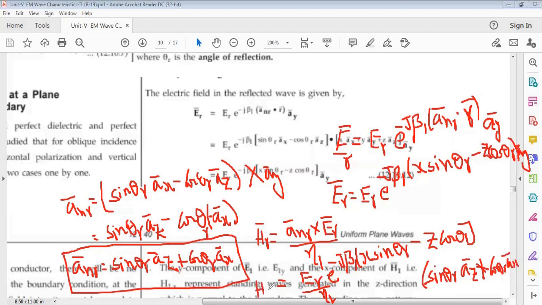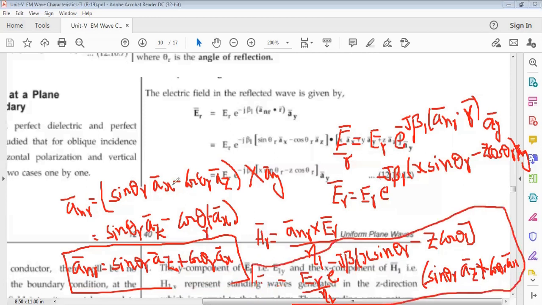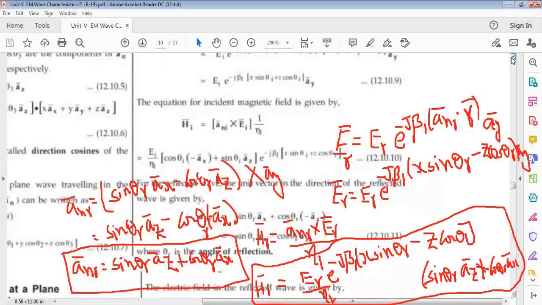Nothing but HR bar is equal to the total function. Without applying the cross product here, from the diagram itself, we can write this as sin theta R AZ bar plus cos theta R into AX bar.